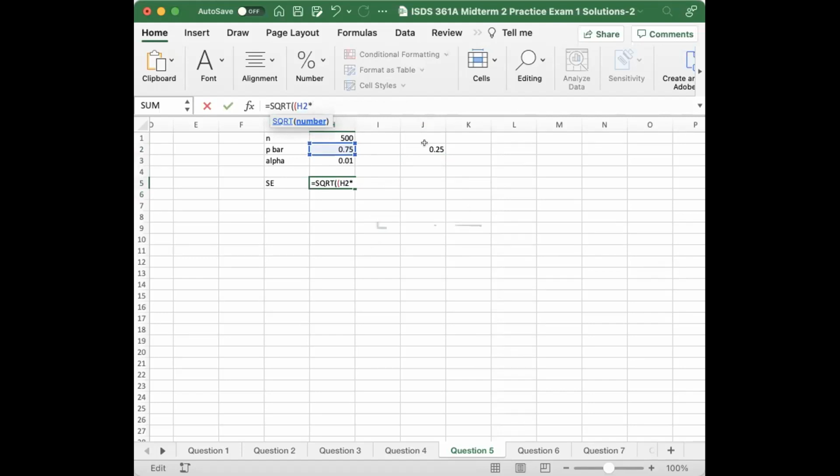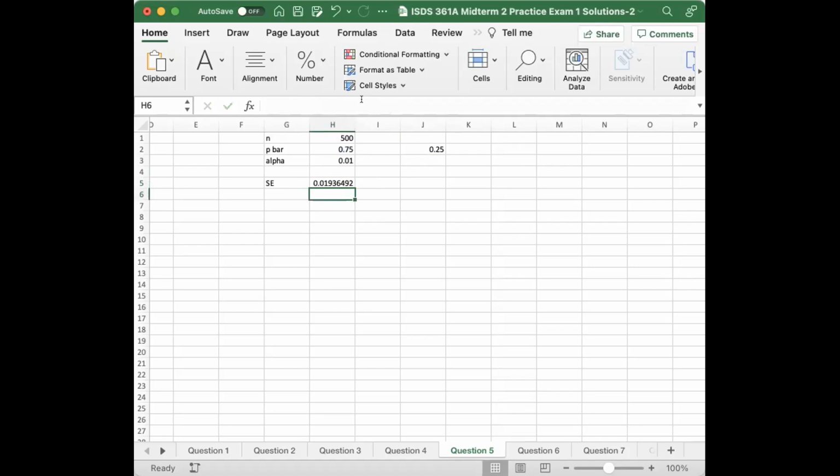You might forget one, and it might mess up your answer. So I think this is the best way to do it. We just use the 1 minus p-bar we already calculated here, and divide by n. There we go.